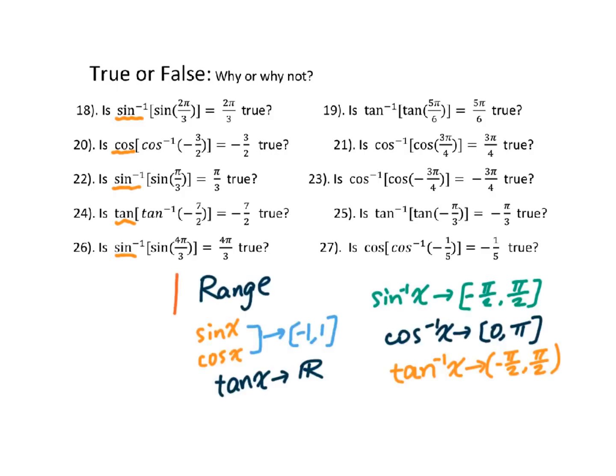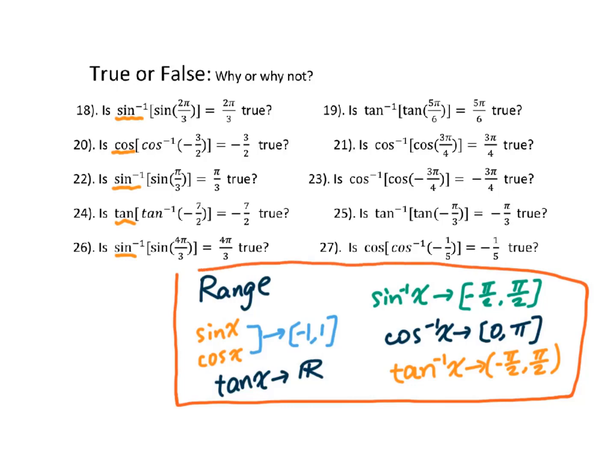Here is the information for range of trig function or inverse trig function. For number 18, we know range for inverse sine is negative pi over 2 to pi over 2. We know 2 pi over 3 is not in this range. Therefore, this is false.